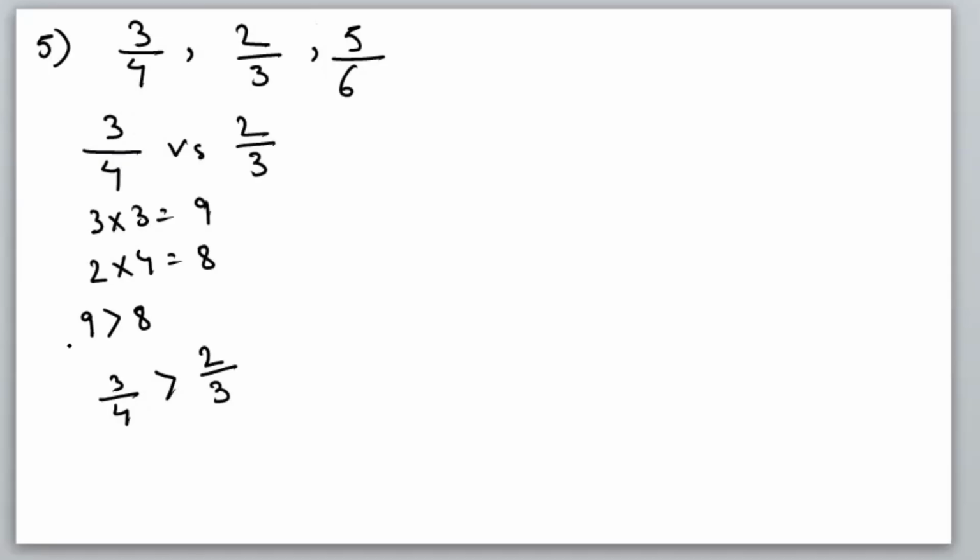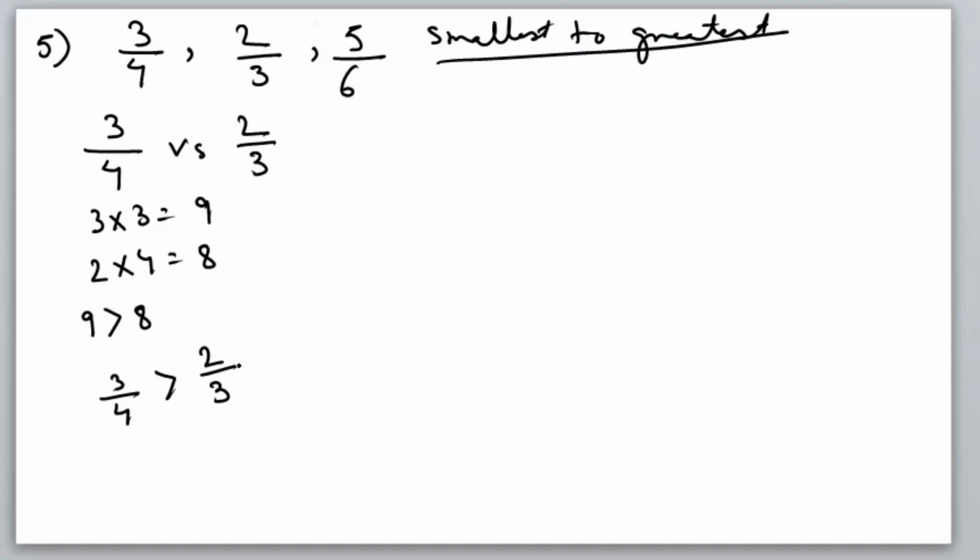Now we find which one is the greatest. Here again we are arranging from smallest to greatest. It means 3 over 4 is greater than 2 over 3. Now we have to see whether 3 over 4 is greater than 5 over 6 or not. So 3 over 4 versus 5 over 6.